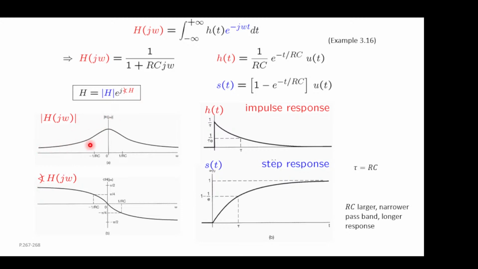You also see that this is not a clear-cut ideal filter. For an ideal filter you want a block, so you probably want it from minus 1 over RC to plus 1 over RC, a square wave.